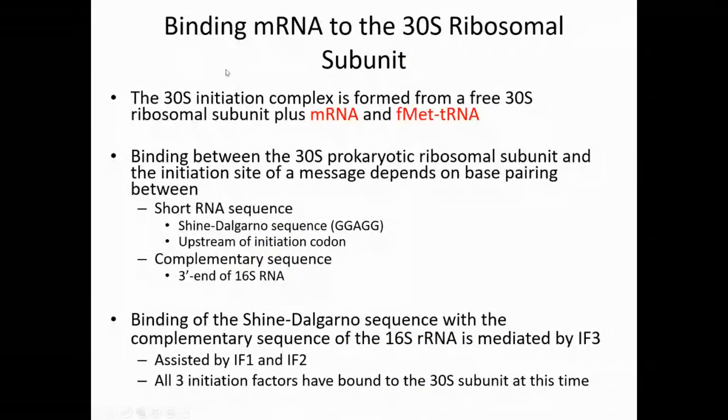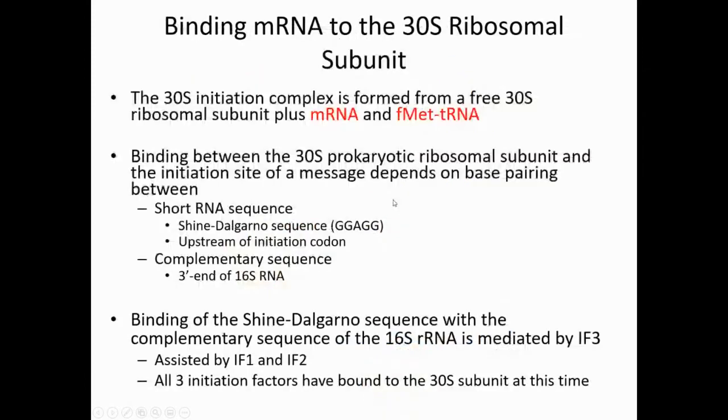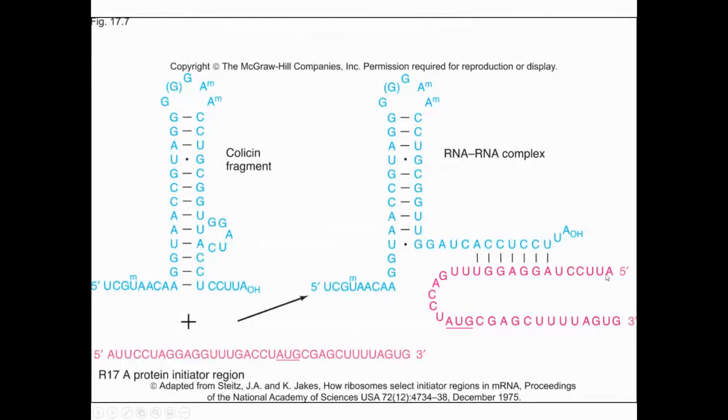The binding of the messenger RNA to the 30S subunit is basically done by the 16S ribosomal RNA, so it can recognize the Shine-Dalgarno sequence. Here is the messenger RNA, and here you see GGA, GGU, the Shine-Dalgarno sequence.